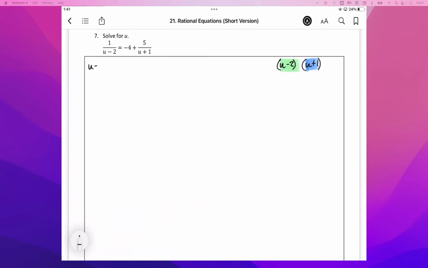So u minus 2 times u plus 1 over 1 times 1 over u minus 2 is equal to u minus 2 times u plus 1 over 1 times negative 4.